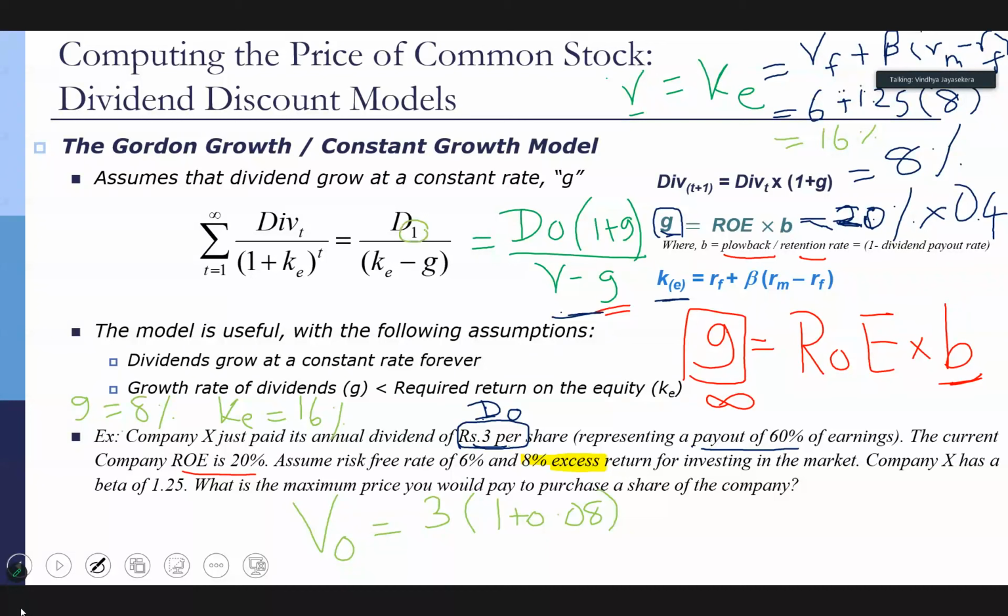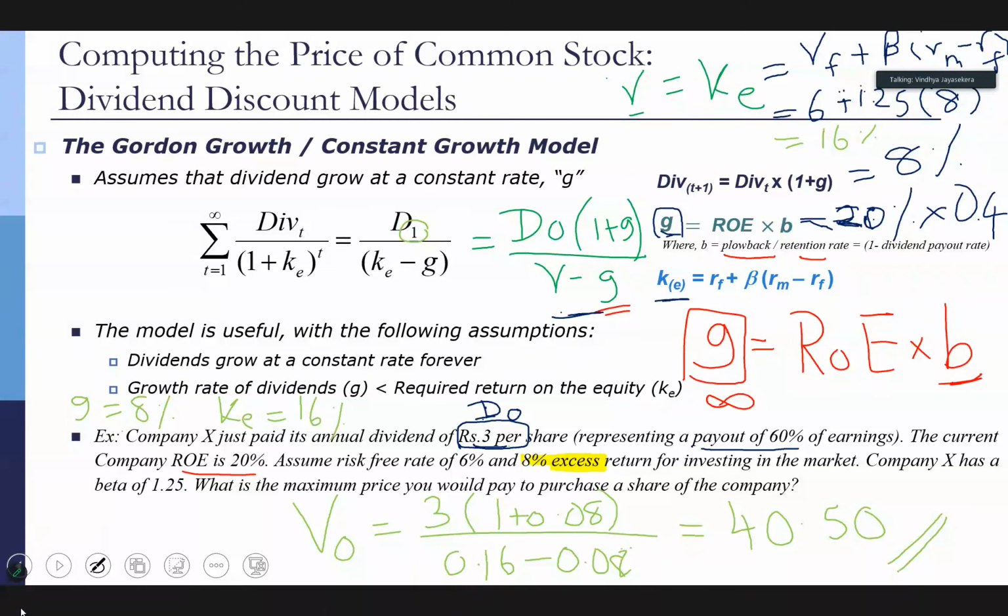If it is not D1, we should use D naught into 1 plus G divided by R minus G. And I think you all are getting 40.50. Is anybody getting a different answer?